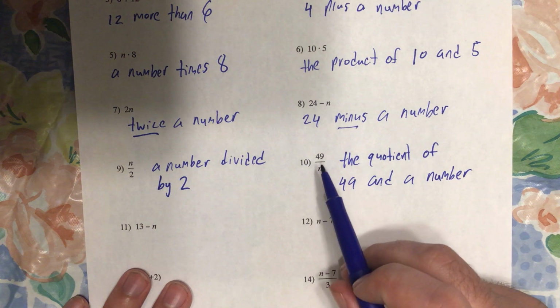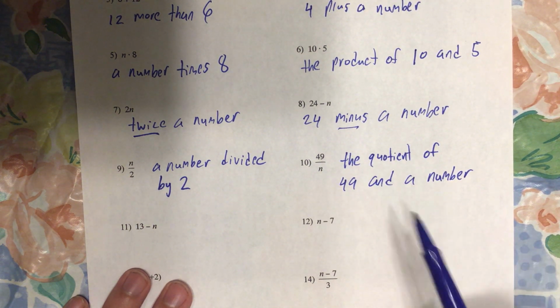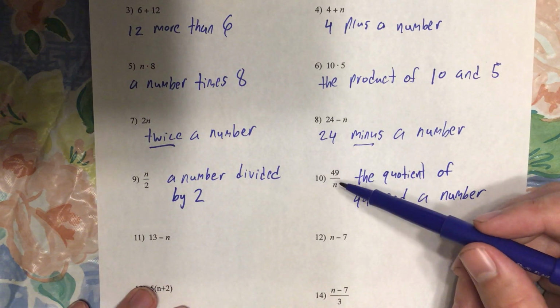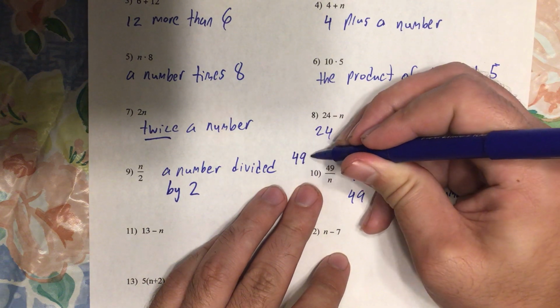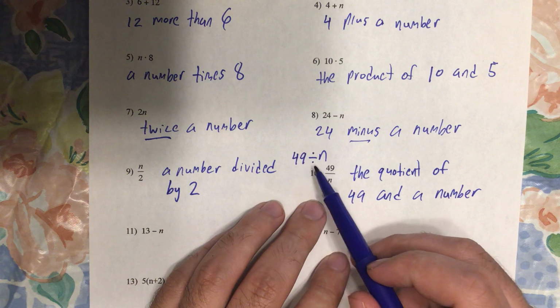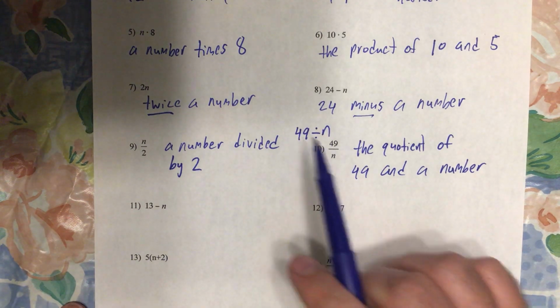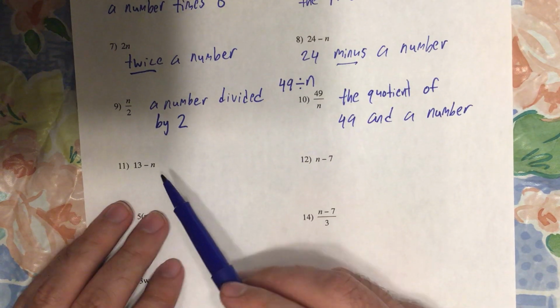Instead of just 49 divided by a number, the quotient of 49 and a number. That works. Again, whatever number's on top, that's like the same thing as in junior high. You would have seen 49 divided by n. These are the same thing. 49 divided by n, 49 over n. They're equivalent like that.